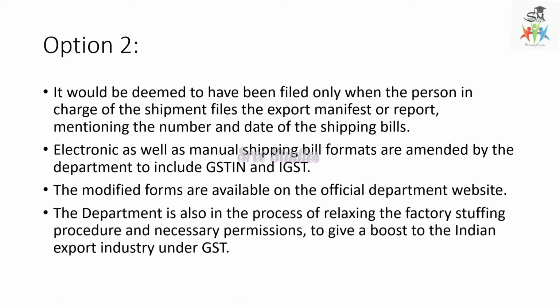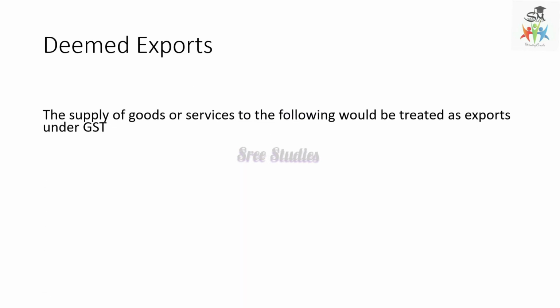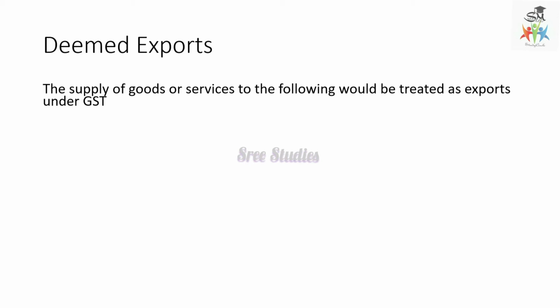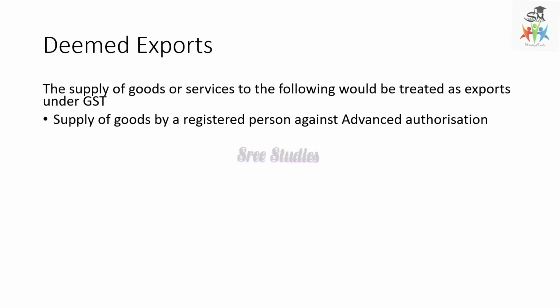The department is also in the process of relaxing the factory stuffing procedures and necessary permission to give a boost to the Indian export industry under GST. What are deemed exports? Supply of goods or services to the following would be treated as exports under GST. Supply of goods by a registered person against advance authorization.